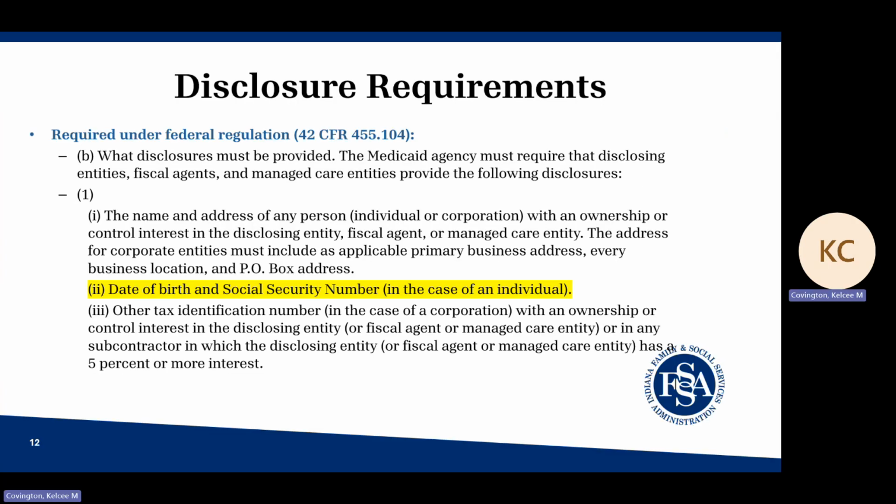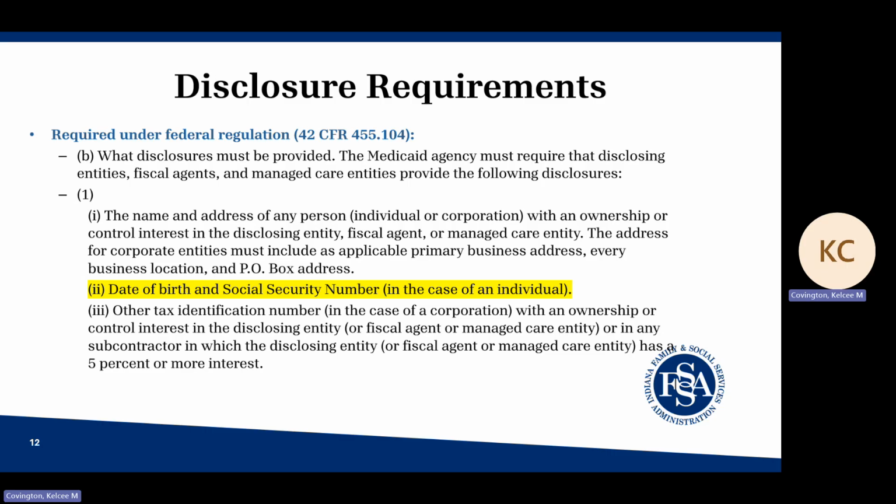Disclosure requirements. Required under federal regulation, the Medicaid agency must require the disclosing entities, fiscal agents, and managed care entities to provide the following disclosures: the name and address of any person, individual or corporation with an ownership or control interest in the disclosing entity, fiscal agent or managed care entity.